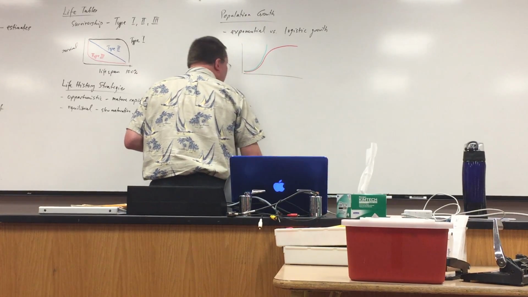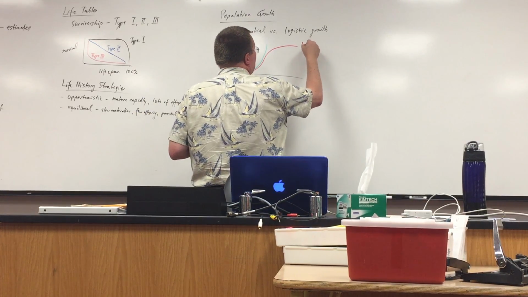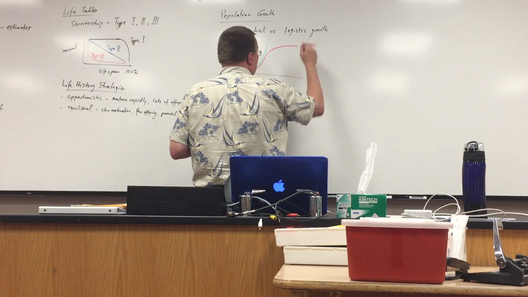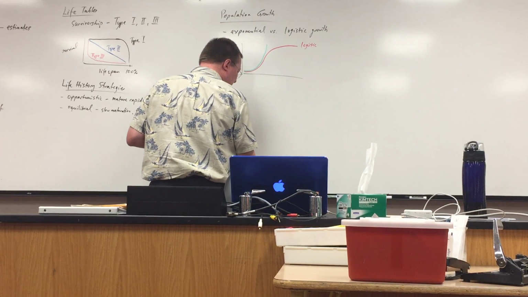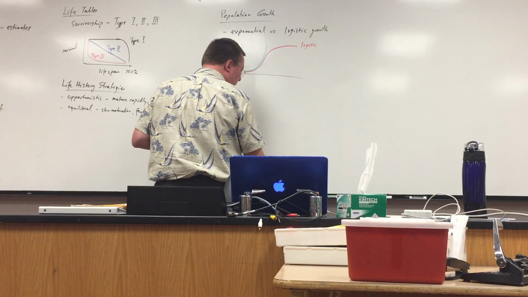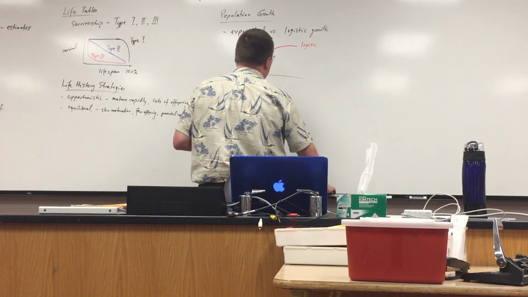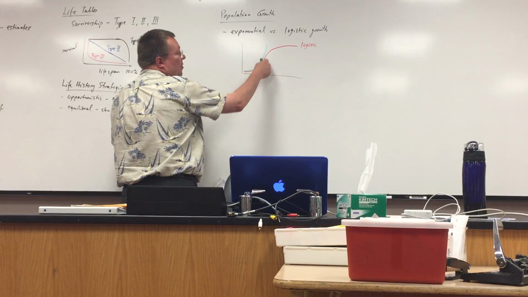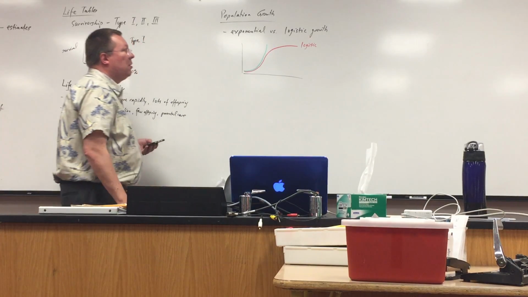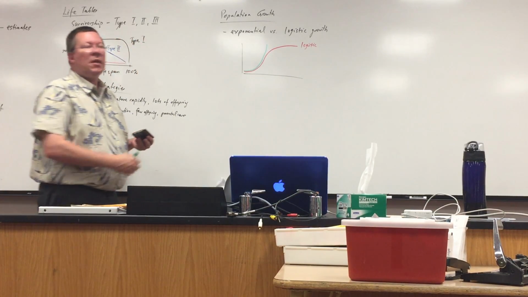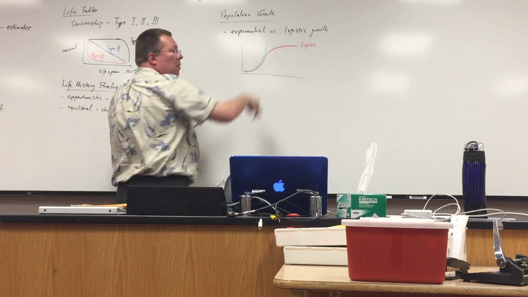So the red line is logistic growth. And what it means is that at some point during the early growth of the population, which can still be exponential, something happens that turns it.